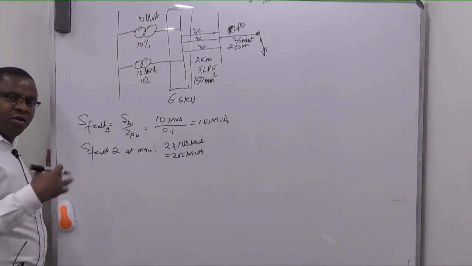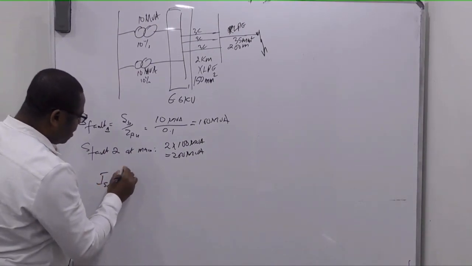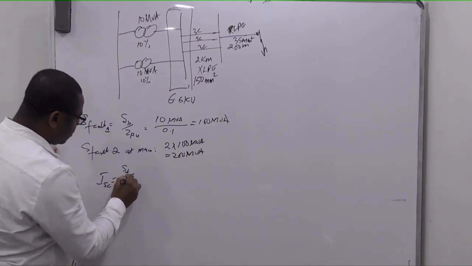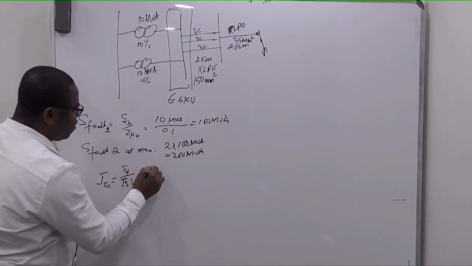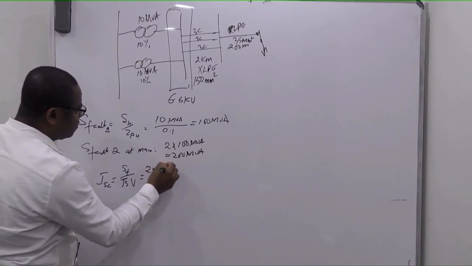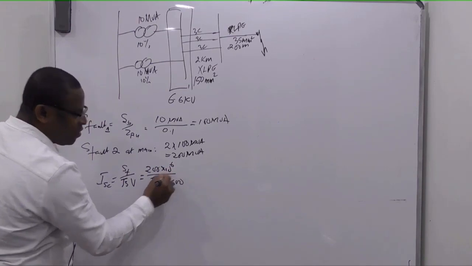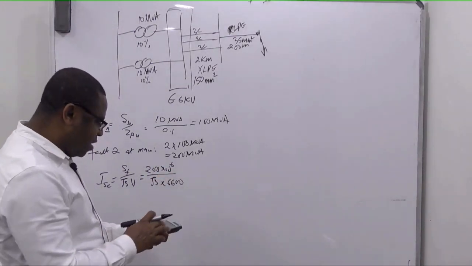Or if you want to convert to current, you can say I short circuit is S fault over root 3 V. S fault is 200 times 10 to the power 6, divided by root 3 times 6,600. Just to see how much it will be in kiloamps.